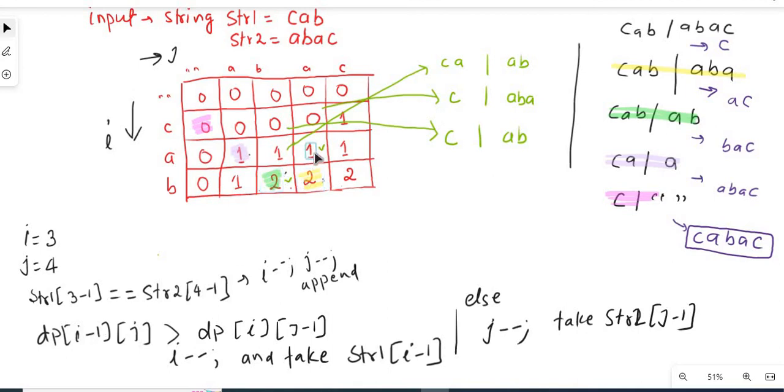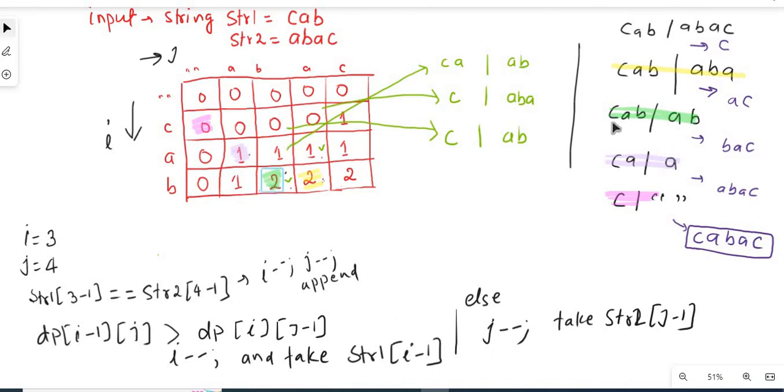So i minus 1 is not greater, 1 is not greater than 2. So it would go to the else condition, which takes the character from string 2. So it would just take a, and now my problem statement would reduce to this part only.